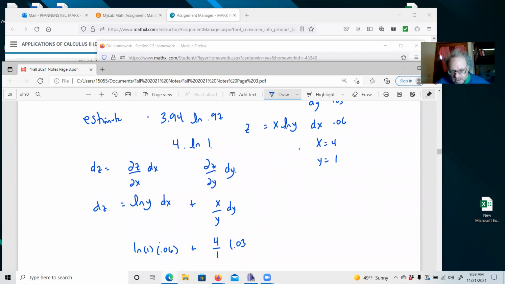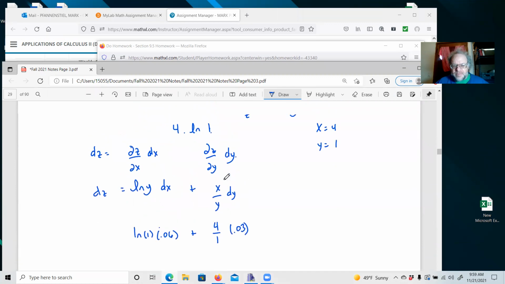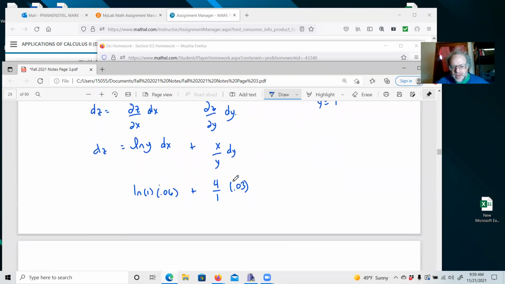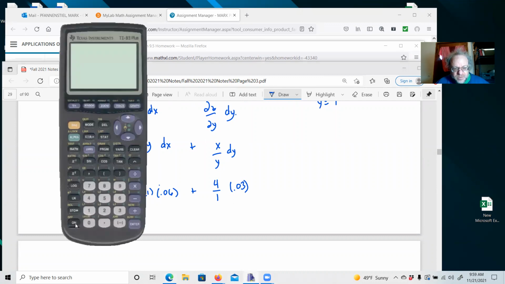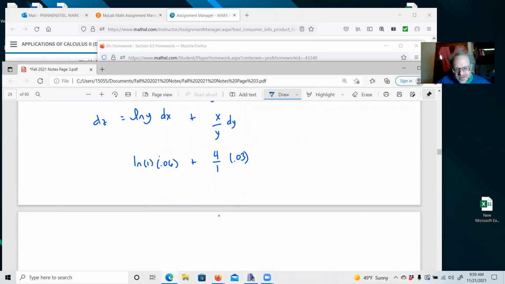Now, natural log of 1, you can check me, I recommend that you do. If you're not familiar enough with natural logs to just know natural log of 1, by this time you are, but it's okay. Not going to shame anybody. So 0 plus 4 over 1 is 4 times 0.03.